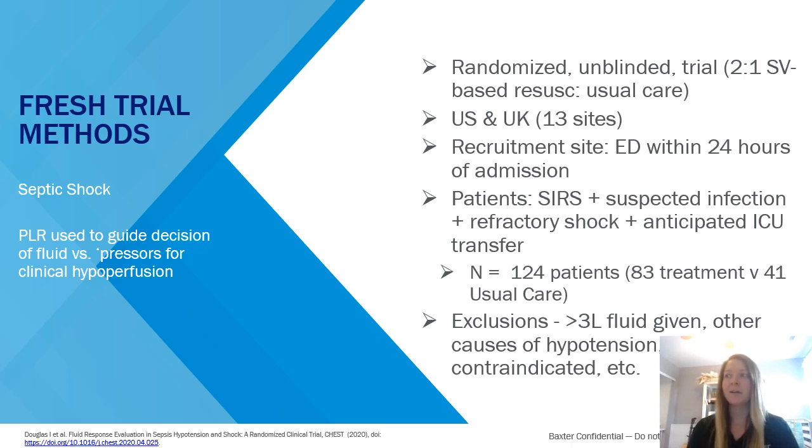So if the patient could not complete a passive leg raise, they were excluded from this study. Also, if the patients received more than 3 liters in the ED, they were excluded. And there were also some other reasons they were excluded, such as if they were going to the OR and could not follow the algorithm, or if they had other causes of hypotension not due to sepsis.